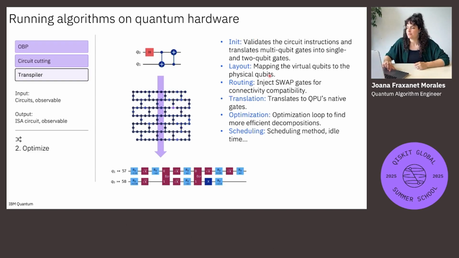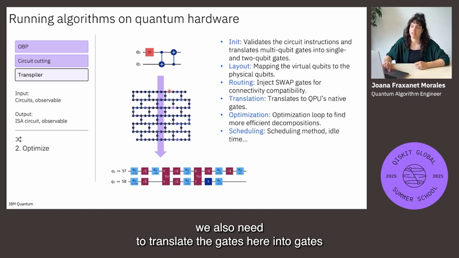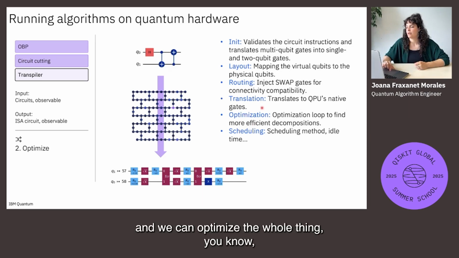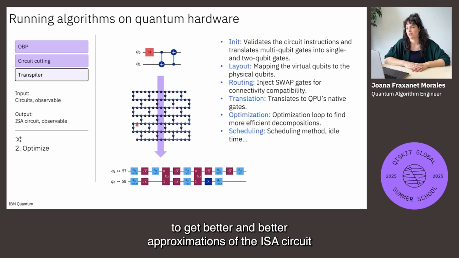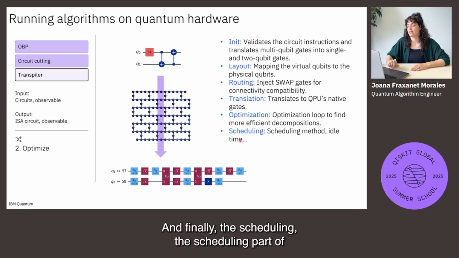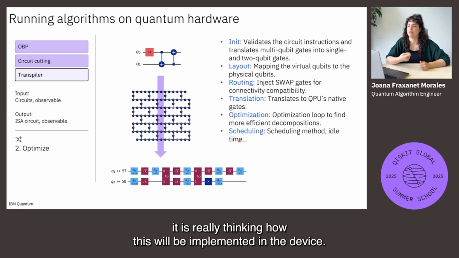Once this is done, we also need to translate the gates here into gates that are native to the device that we're using. And we can optimize the whole thing in order to get better and better approximations of this ISA circuit so that the depth doesn't increase so much. And finally, the scheduling part of it is really thinking about how all this will be implemented in the device.